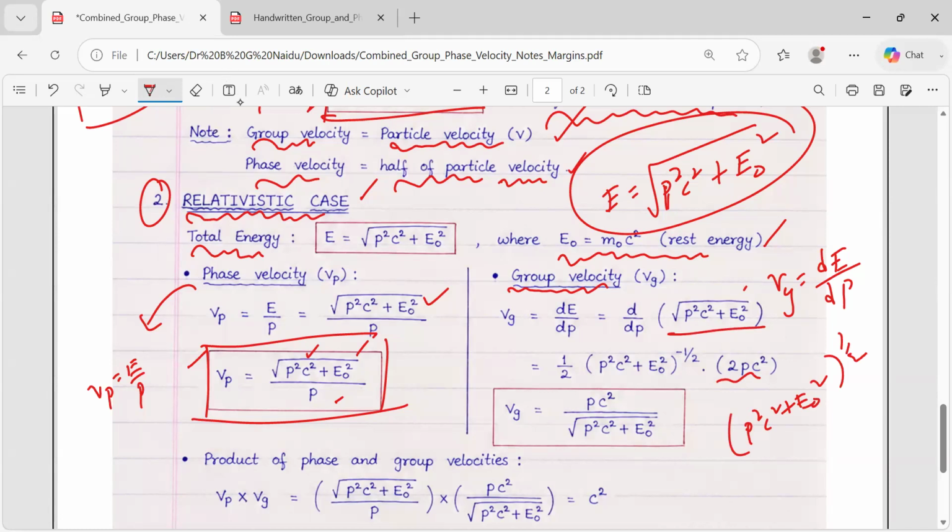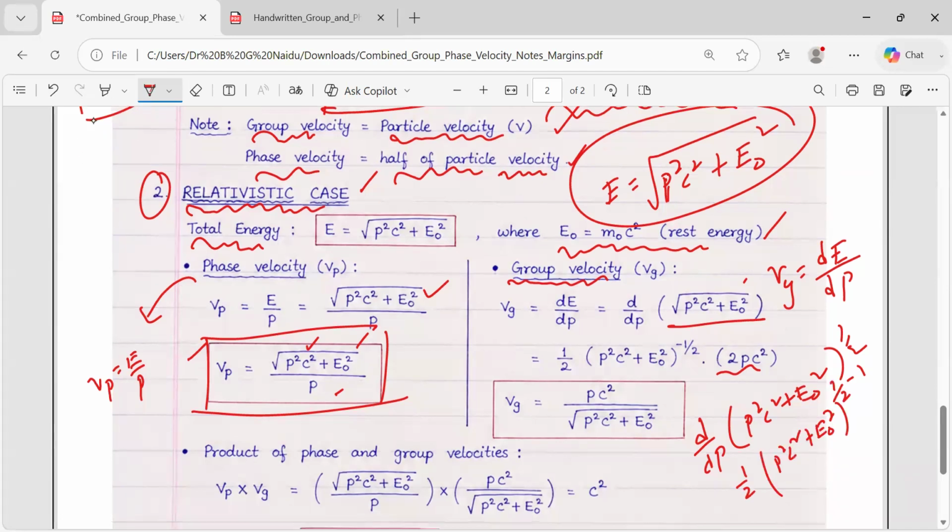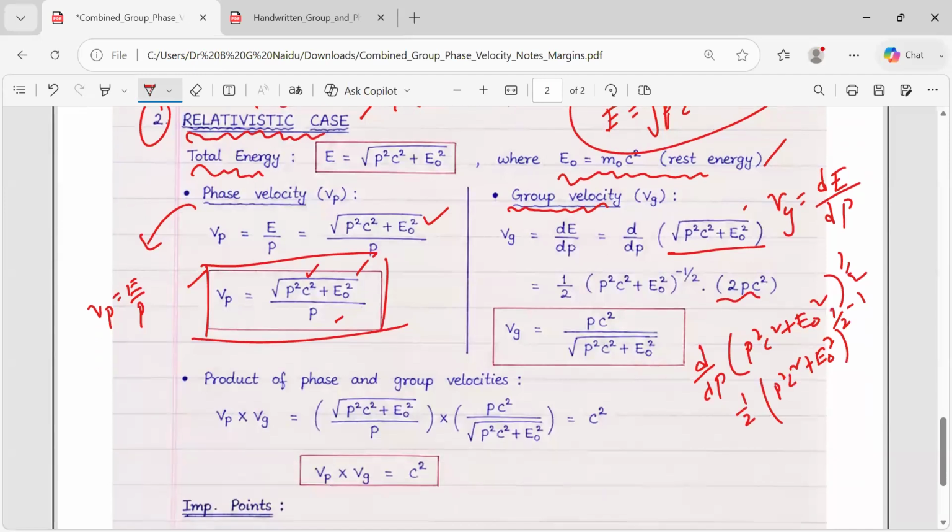Differentiating with respect to momentum, this will become 1 by 2 of p square c square plus E naught square to the power of 1 by 2 minus 1, that is, minus 1 by 2.